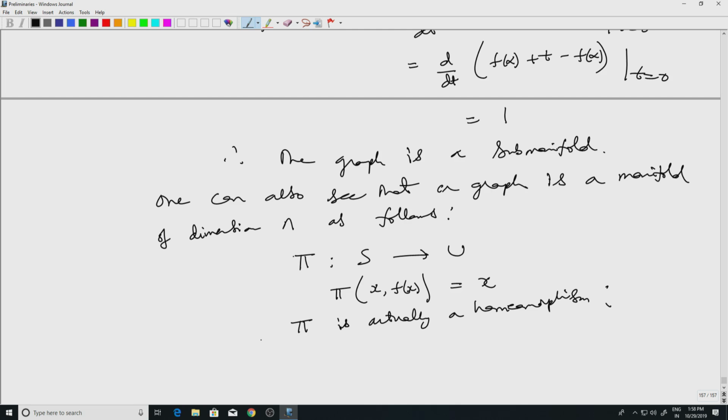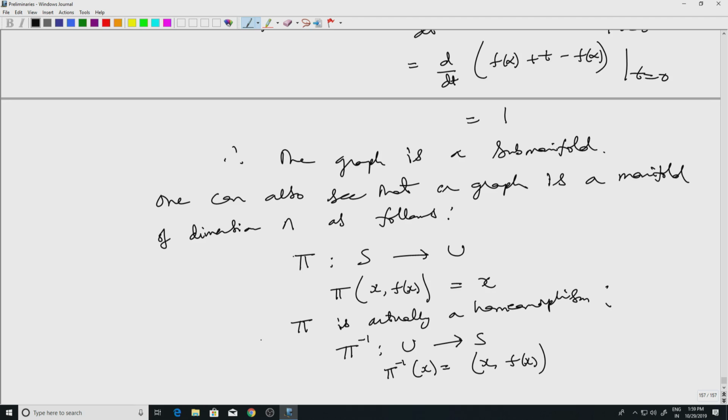It's clearly one-to-one and it's clearly surjective as well. And the inverse map from U to S is also easy to describe: pi inverse of x, I'll just put it at height f of x. That's it. So pi is a homeomorphism, and therefore pi provides a single chart.